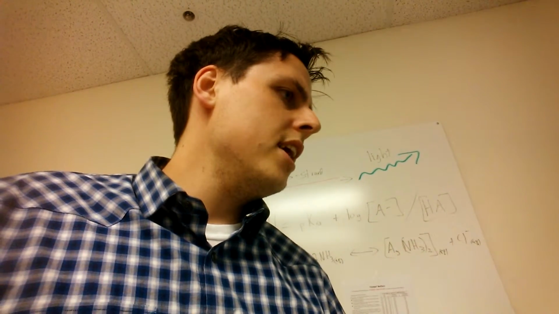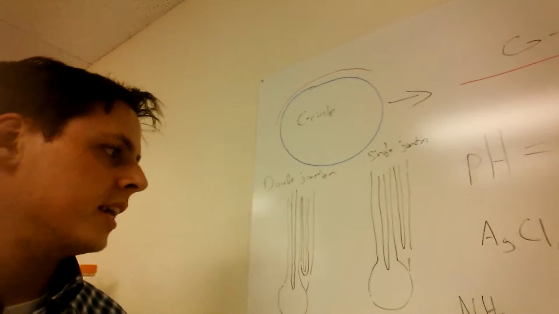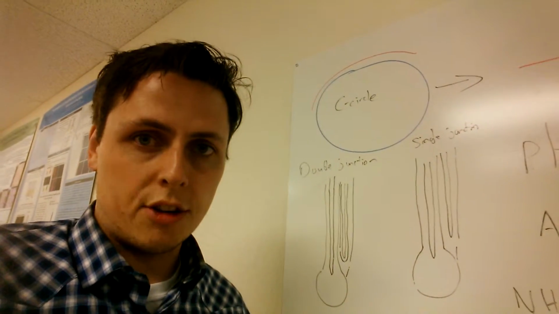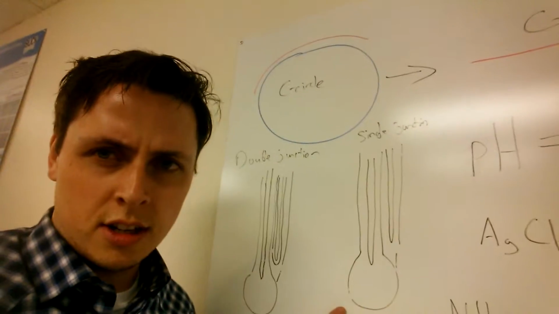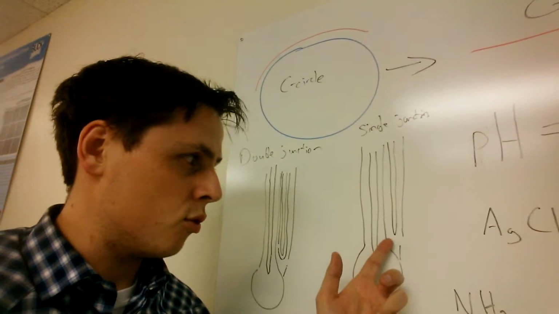So the way a pH meter works is by measuring the difference in potential across two electrodes. This is a single junction pH meter here. This is the pH meter electrode, and then there's a reference electrode.